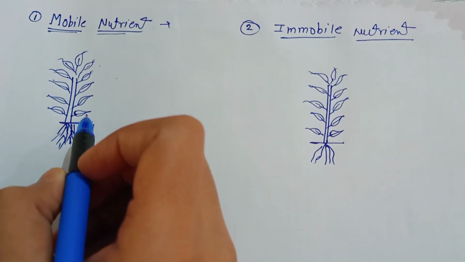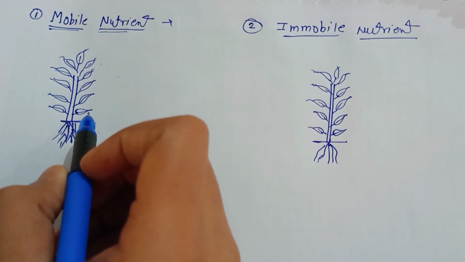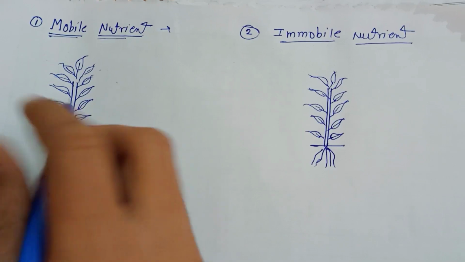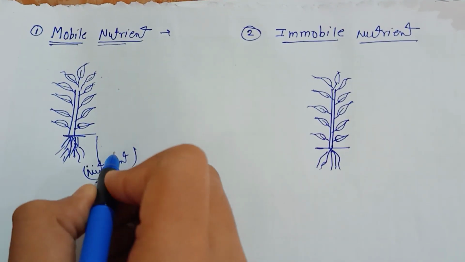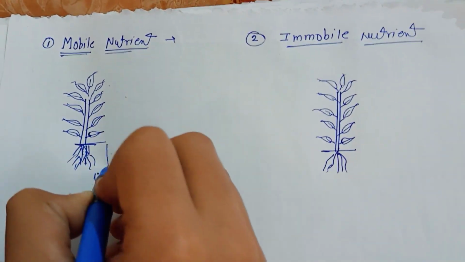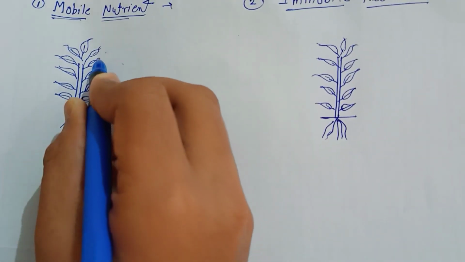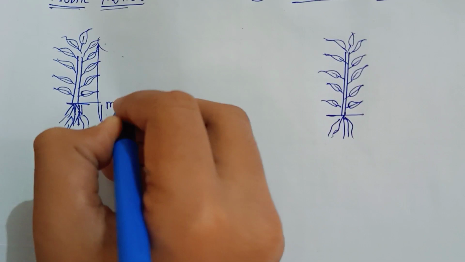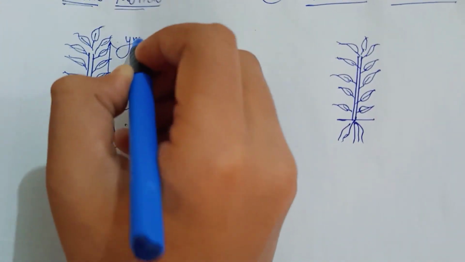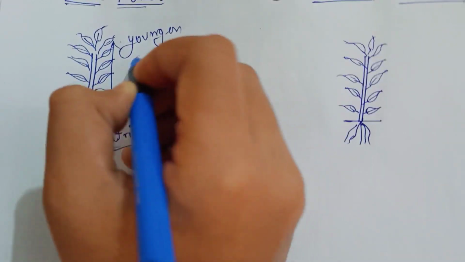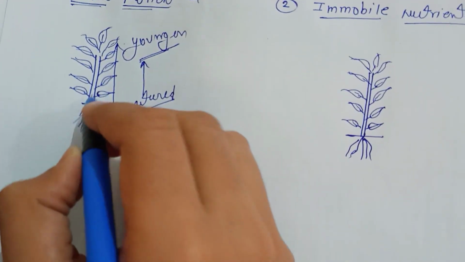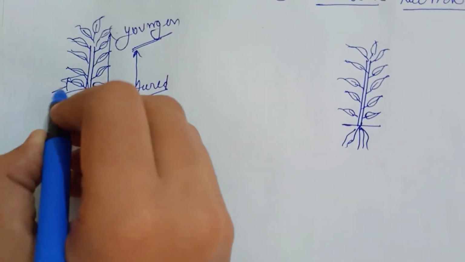Today we discuss mobile nutrients and immobile nutrients. Mobile nutrients are those nutrients which, when deficient in plants, move from mature tissue to younger tissue. The nutrients are transferred from mature tissue to younger tissue, and deficiency symptoms appear on the mature leaves, meaning older leaves.